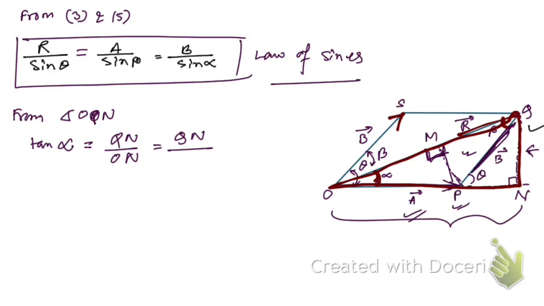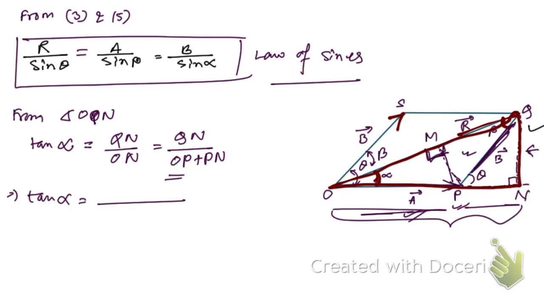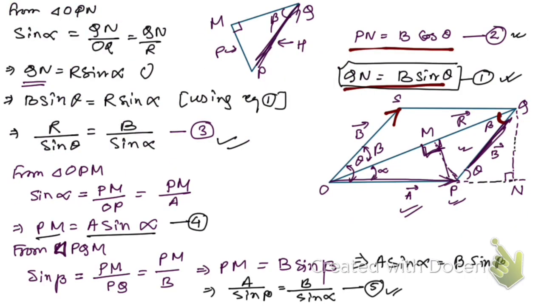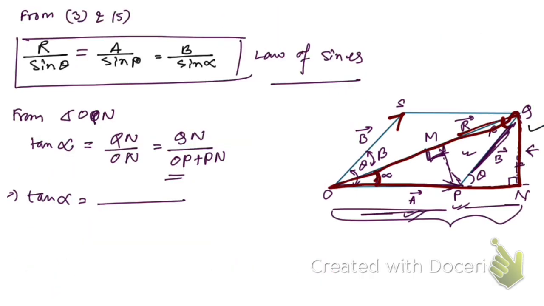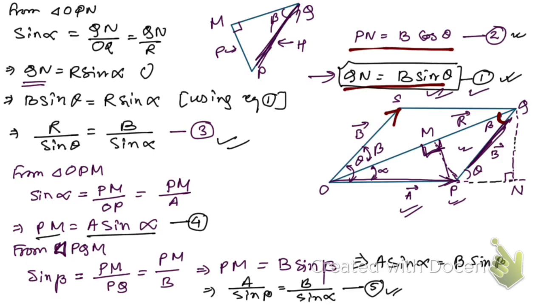ON can be written as OP plus PN, right? Now you know that OP is nothing but the magnitude of vector A. So tan alpha is equal to QN, and in equation number 1 we have got QN is equal to b sine theta.